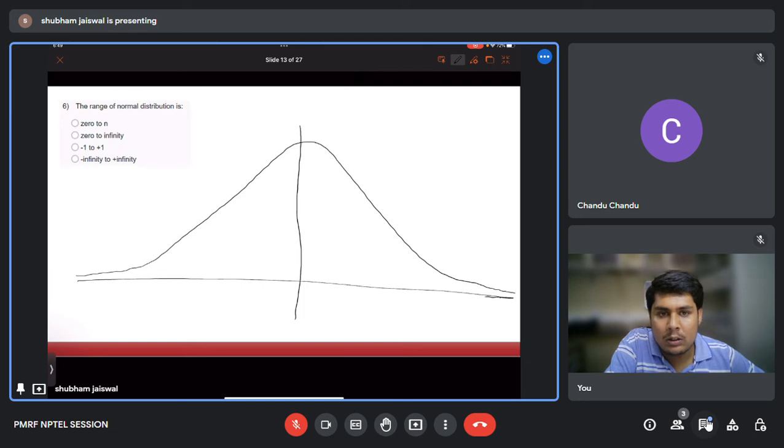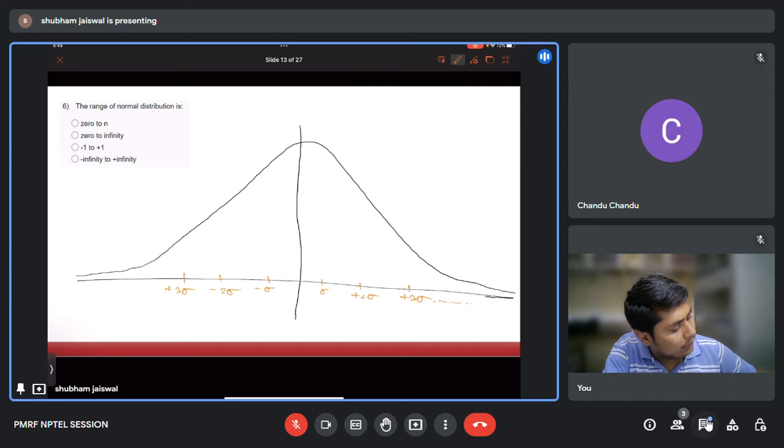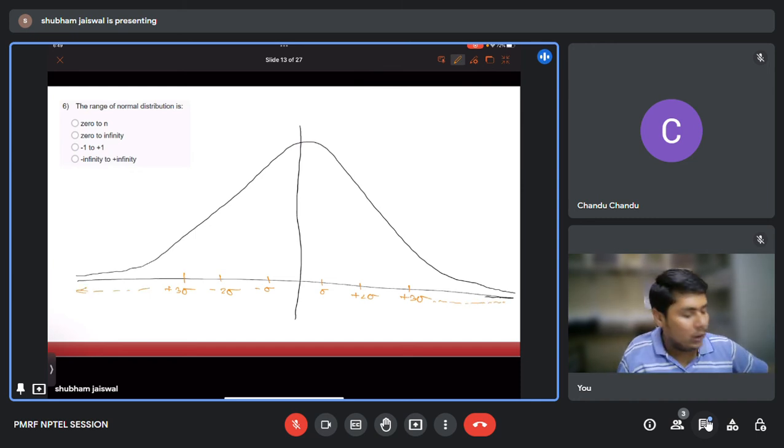Okay, so let's see. So this is our normal distribution curve. As we have seen here, sigma, minus sigma. So this value is continuously increasing, till when? Till this gap, this curve and this line, it tends to 0.